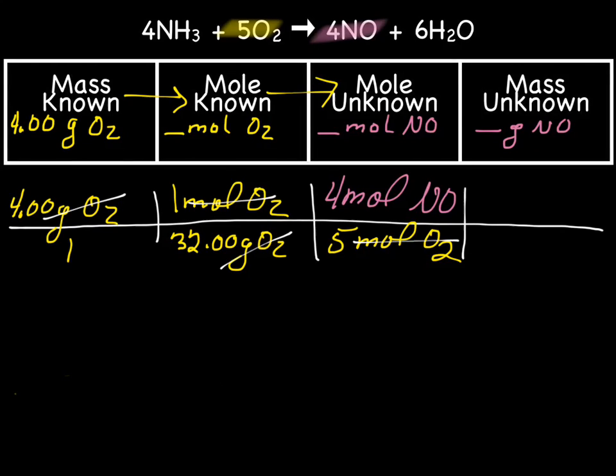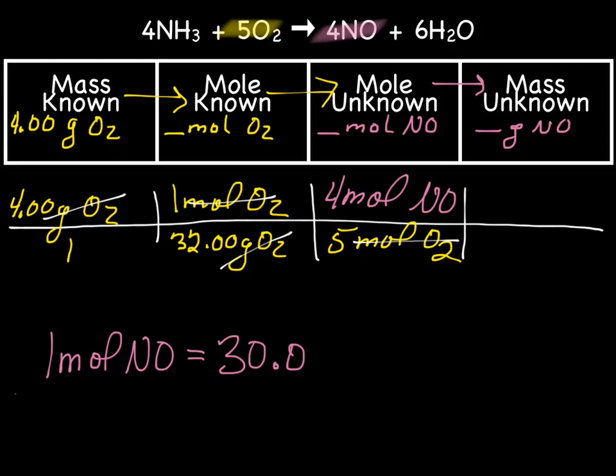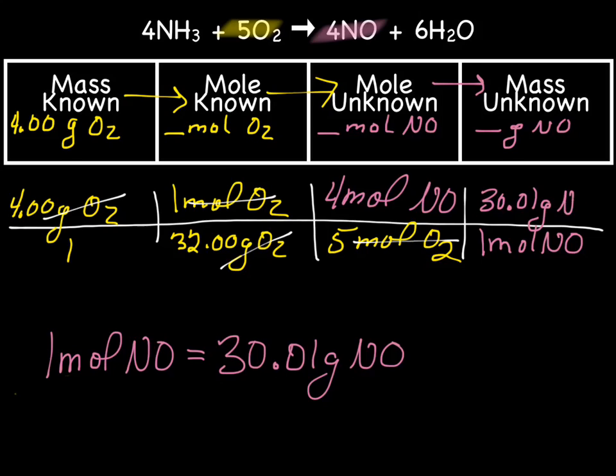All right, we are at mole unknown, and we're going to mass unknown. And we already figured out this equality in the last problem, so we have 1 mole of NO equals the molar mass of NO, which was 30.01 grams of NO. We'll put 1 mole of NO on the bottom and 30.01 grams of NO on the top.